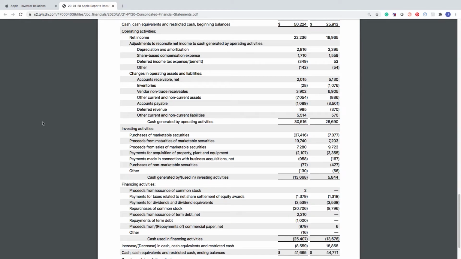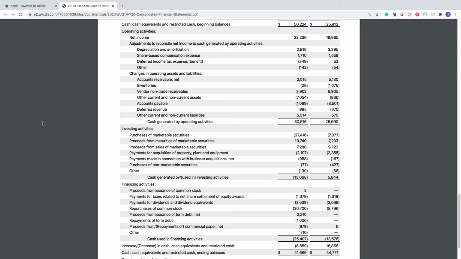So with that, guys, we've covered all the key items on a company's cash flow statement. Now, again, I want to spend some time talking about the interpretation of all of these items that we've discussed on the cash flow statement, and how I would interpret them.